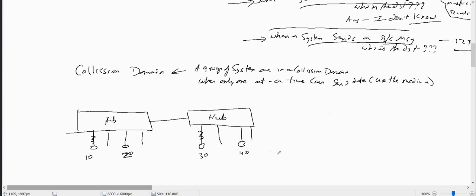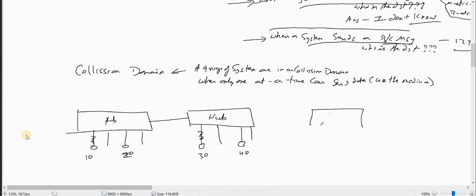Yes or no? Guys, are you there? Yes. Okay, so what's the answer? There will be collision. Very good. Excellent. Yeah, because it's half duplex.